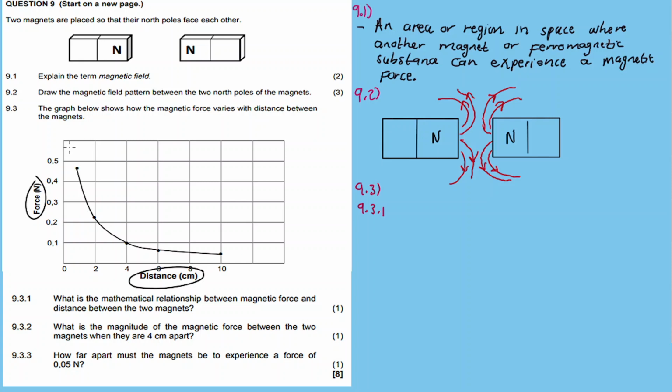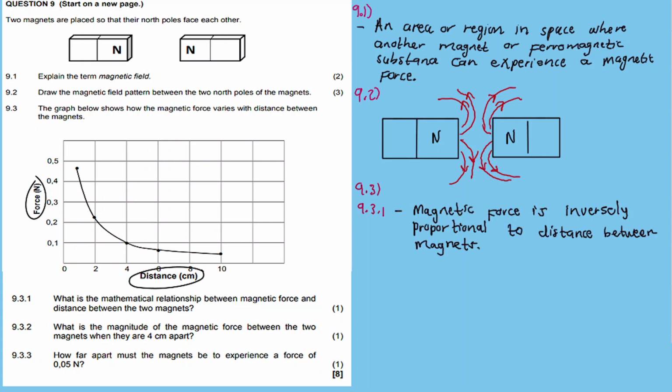In fact, it is a hyperbola. It looks like a hyperbolic function. Lana CT, the mathematical relationship which exists, the inverse proportion. The magnetic force is inversely proportional to the distance between magnets, right?